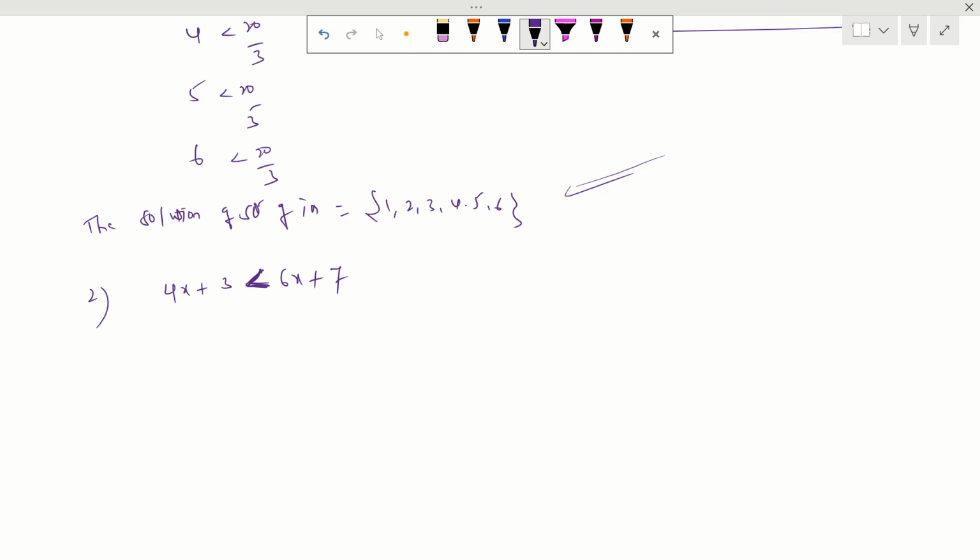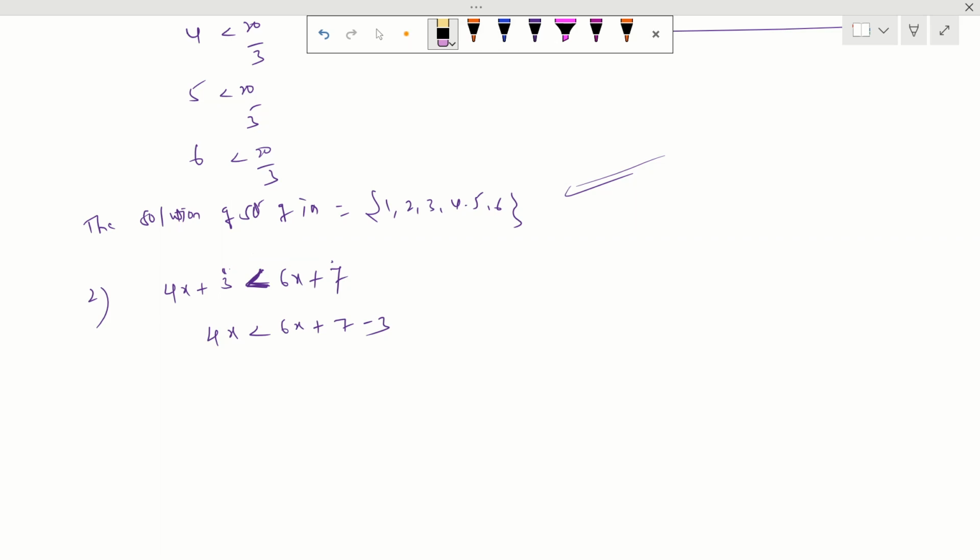So 3, take this side. So then we will have 4x less than 6x plus 7 minus 3, right? When we are taking 3 this side, it will be minus.